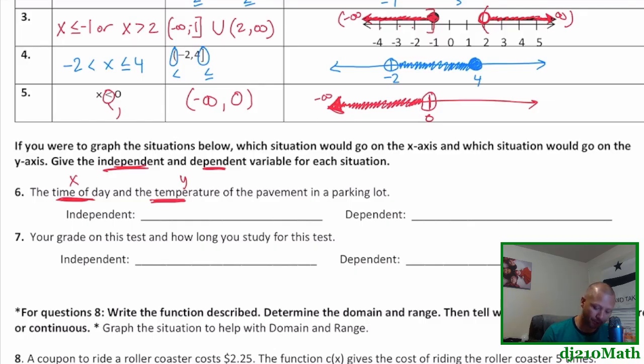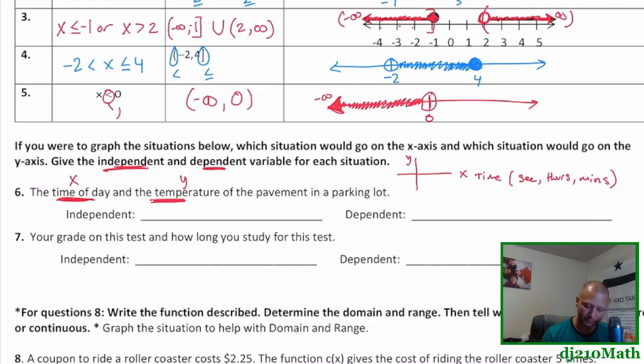And in general, when you have your X and Y graph, X is usually some sort of time: hours, seconds, minutes. And the Y axis is typically something other than time: money, temperature, distance, things of that nature. So we'll say seconds, minutes, hours.